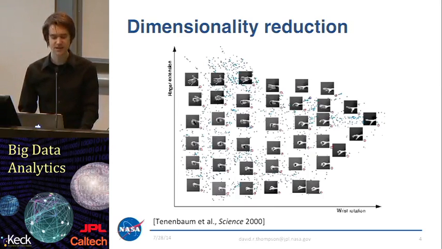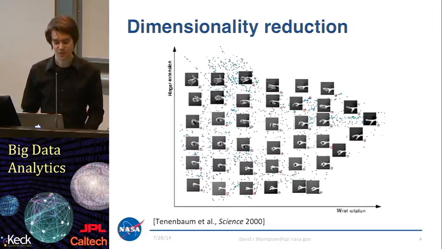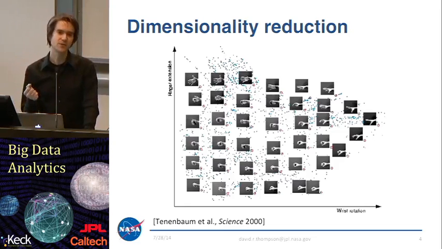And you can see that there are actually only 2 dimensions of intrinsic variation in these hand images, right? If you know the coordinates in this 2D space, you can specify exactly what the hand image is going to look like. The 2 dimensions that we've labeled are the wrist rotation and the extension of the fingers, right? And with those 2 parameters, you can adequately describe any one of these images.